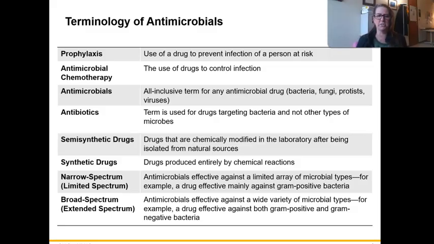Okay, so that's used for those drugs that we're using to target bacteria and not the other types of microbes. So hence we have antivirals, antifungals, antiprotozoans or antiprotozoals, that kind of thing. So antibiotics is only drugs that are going to target bacteria.